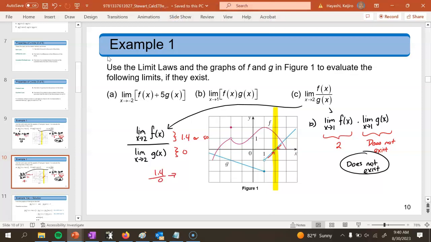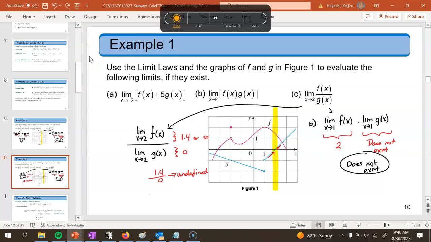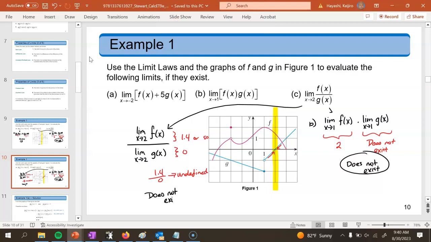That is undefined. And so the limit described in C also fails to exist. Yeah, we'll say the limit as described in C does not exist.